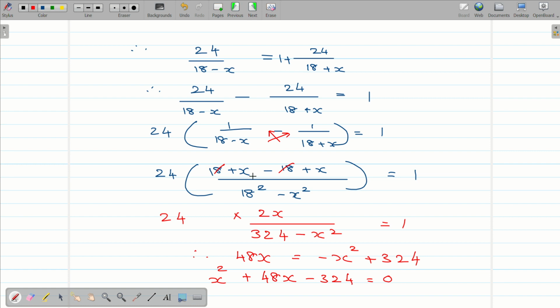Inside the bracket you get 2x upon 18 squared minus x squared, that is 324 minus x squared. 24 into 2, 48x is equal to, you have to cross multiply here, minus x squared plus 324. Now bringing all the terms to one side, we get x squared plus 48x minus 324 is equal to 0.